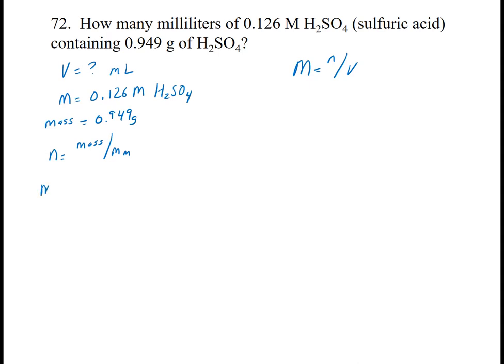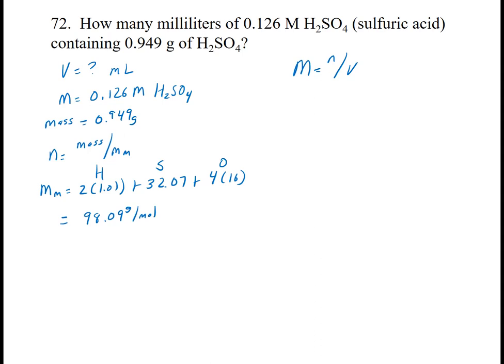So the molar mass is going to be 2 times 1.01, representing the hydrogen, plus 32.07. Depends on what source you look at, or what periodic table. Sometimes it's 6, sometimes it's 7. Plus 4 times 16, and that's my oxygen. When I add those together, I get 98.09, and that's in grams per mole.